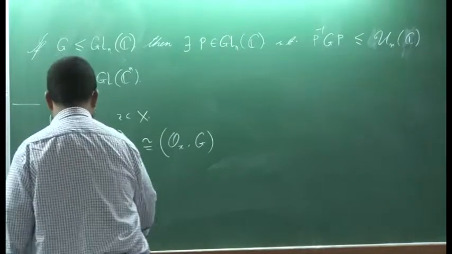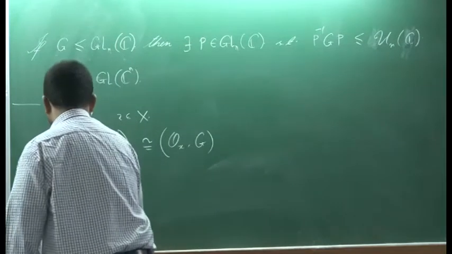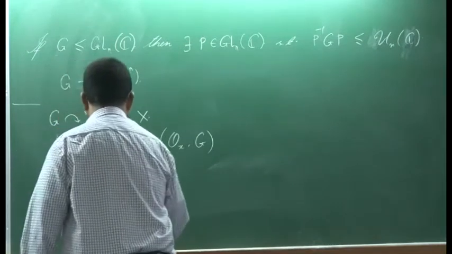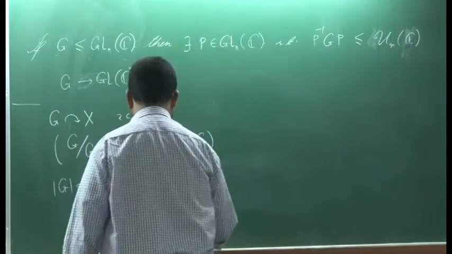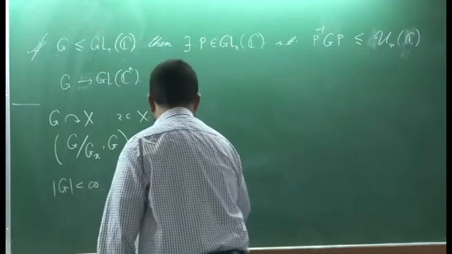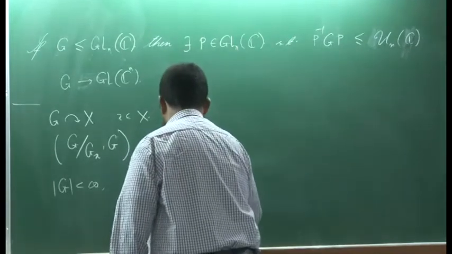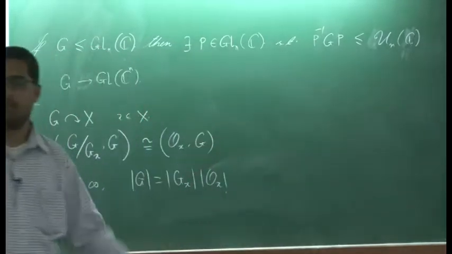In the setup when G is finite, we in fact obtain the following, which is called the orbit stabilizer theorem.